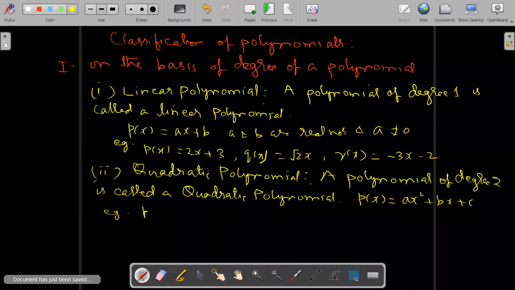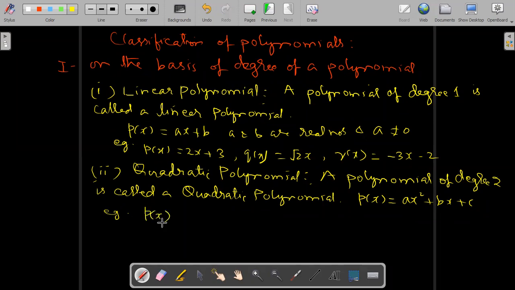For example, px is the polynomial 3x square plus x plus 2. It is a quadratic polynomial.